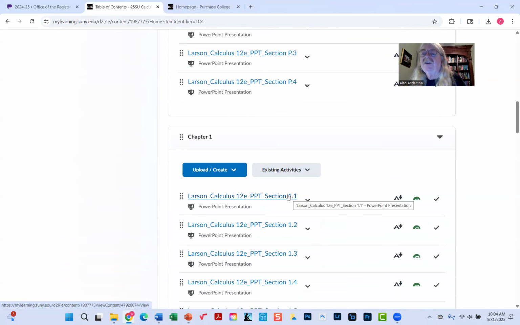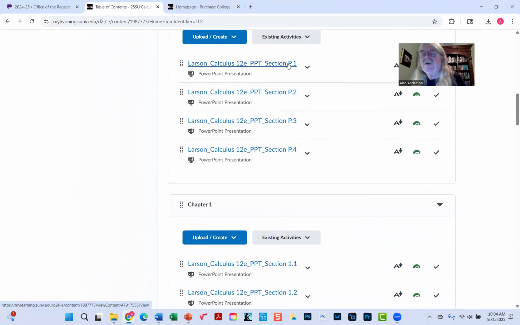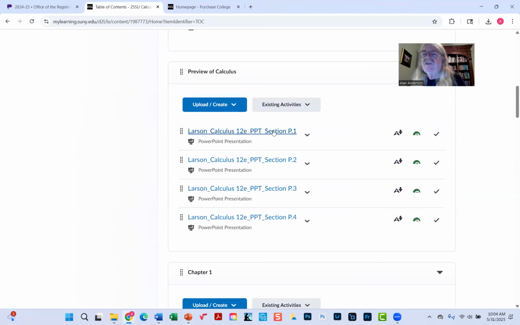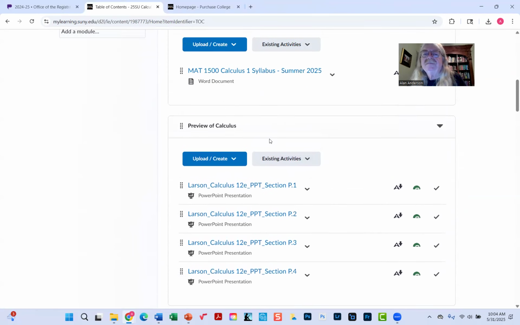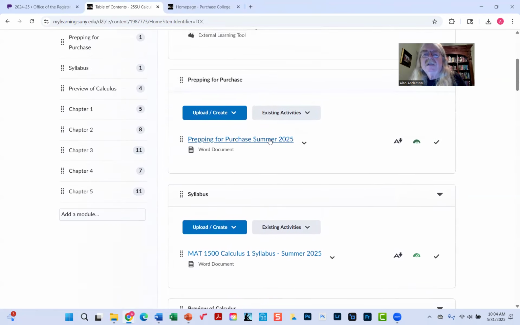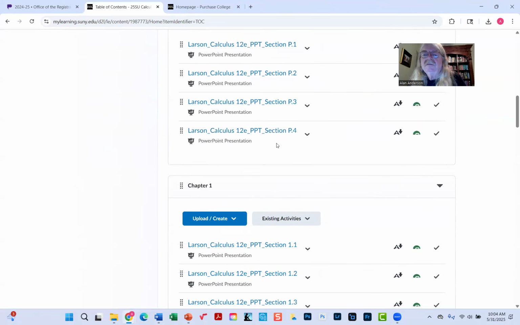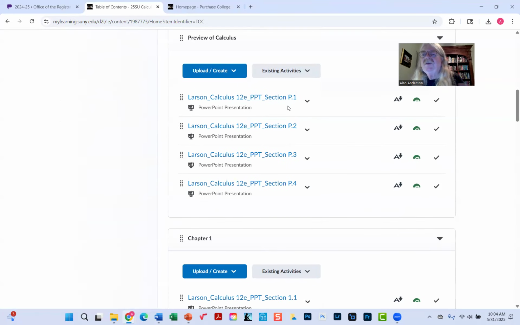This is where calculus starts. Here, we're kind of overlapping with pre-calculus, just to refresh your memories about these important concepts. Okay, so you can download these slides anytime you want, by the way. Since you are in the course, you own the book and you own the rights to use these slides.